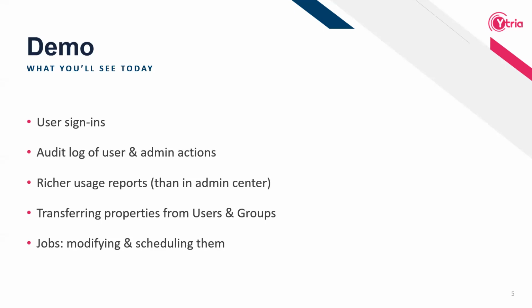The first one is a module about user sign-ins, where you'll see the users who have signed into the various services and applications, including your guests. Next, the audit logs, which show user and admin actions in your tenants, such as updating groups or users, inviting guests, etc. Then we'll look at how we've made Office 365 usage reports much more informative.